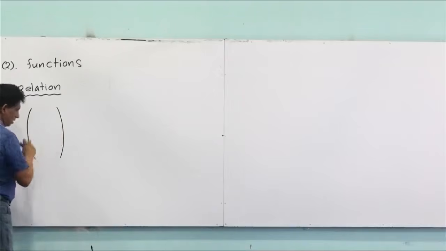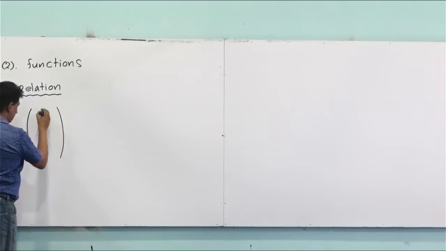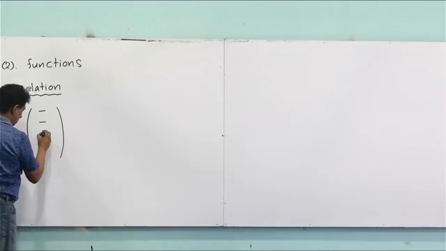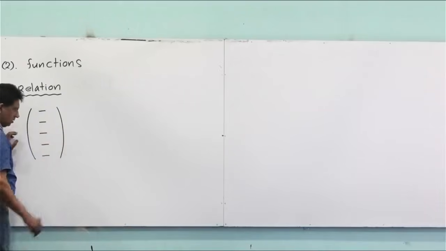Earlier, this is the set notation, right? Then we have to write down the elements of this set like this. Okay, this is the earlier notation, right?